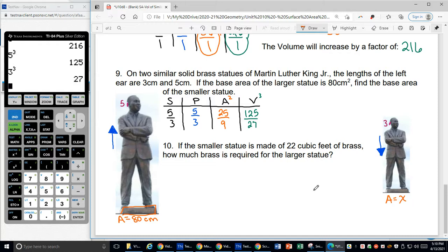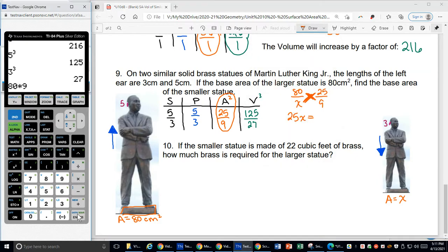How big is that? How many square centimeters is that? My up arrow, 80, my down arrow, x, is going to reduce to the ratio of the areas, because they're areas, 25 over 9. Let's cross multiply. 25x equals 80 times 9. 80 times 9 is 720.